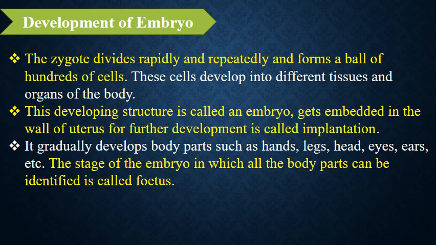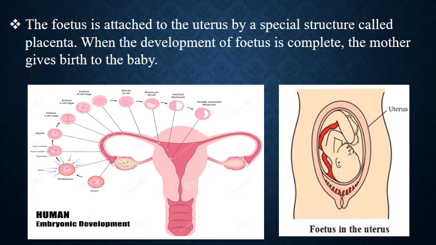When it implants, the body parts such as hands, legs, head develop. Fetus is attached to the uterus by a special structure called placenta, and when it is completely developed, the mother is ready to give birth to that baby.